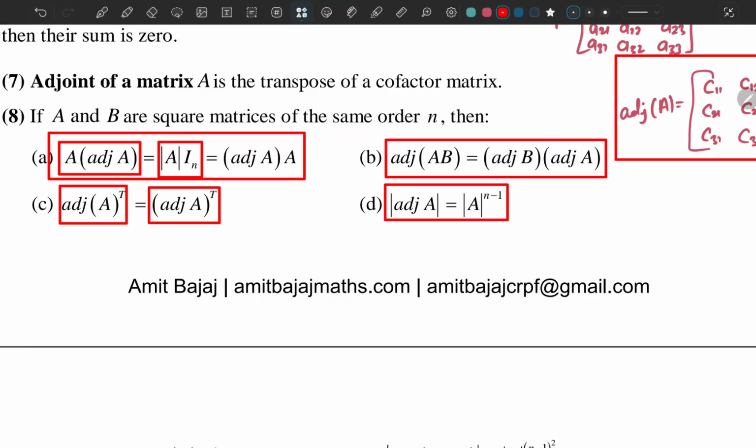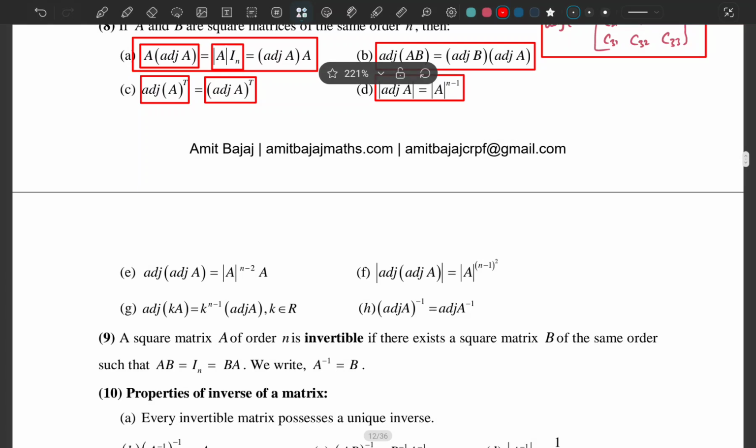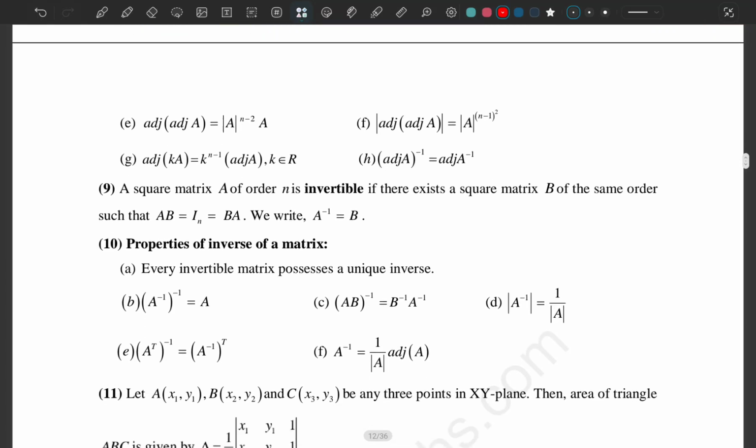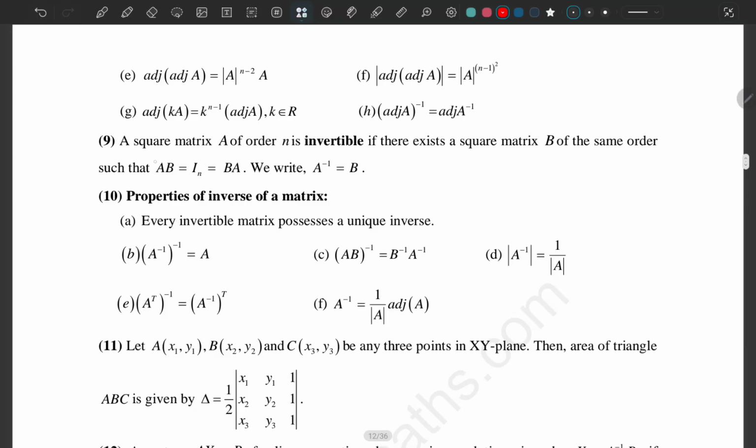The determinant of adjoint of A equals determinant of A whole to the n minus 1, where n is the order of the matrix. Okay, that's good. This is also important.